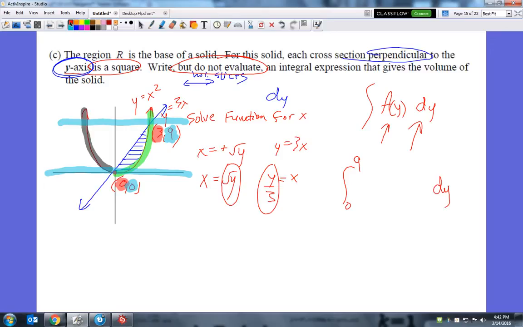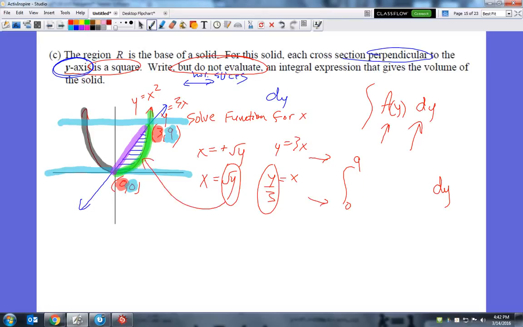And now I just need to do the top function. Okay, let me highlight that in more green. So the top function minus the bottom function. And the bottom function would be right here. And again, I'd have to tilt my head for the bounds, but I do have to interpret top over bottom. So the top function is right there, root y.